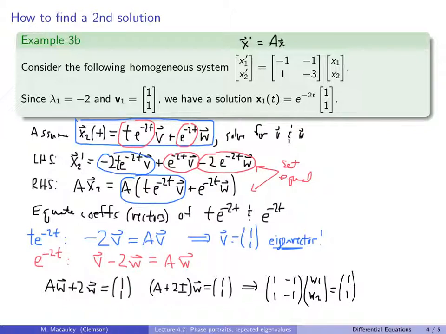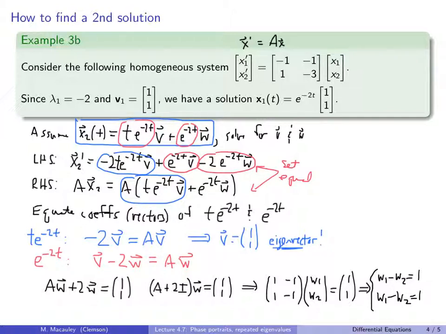So now, what does this tell us? This is a system. This says that w1 minus w2 equals 1, and it says that twice. So this is the system: w1 minus w2 equals 1.